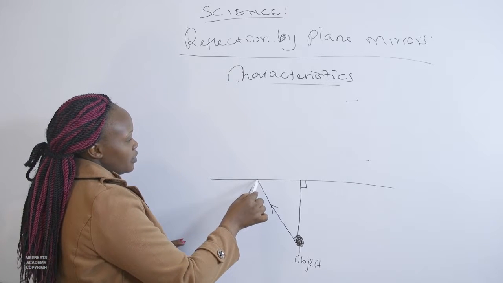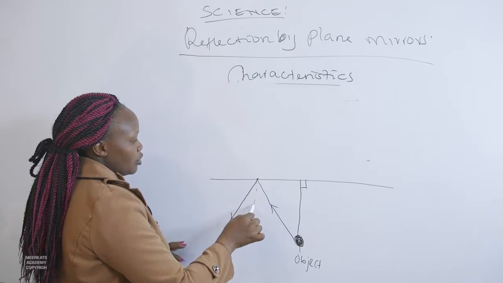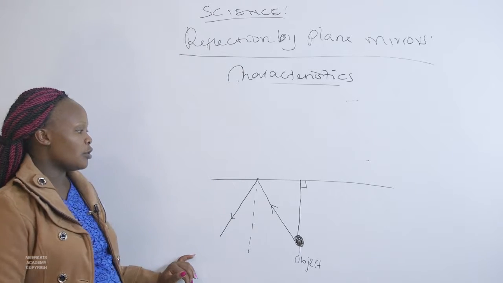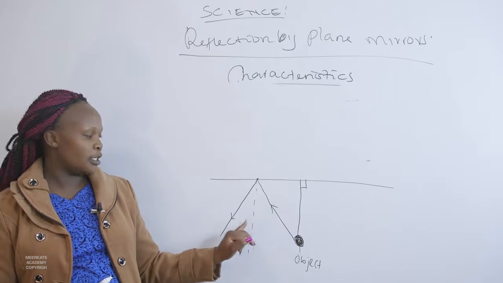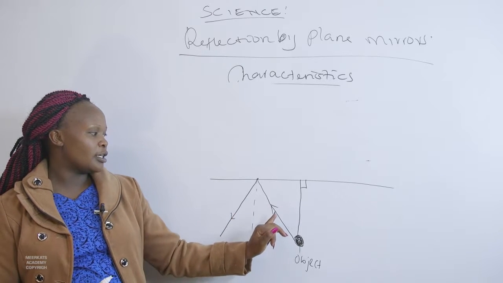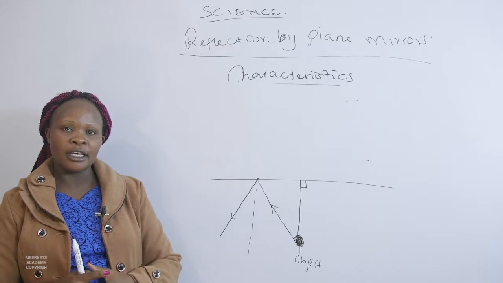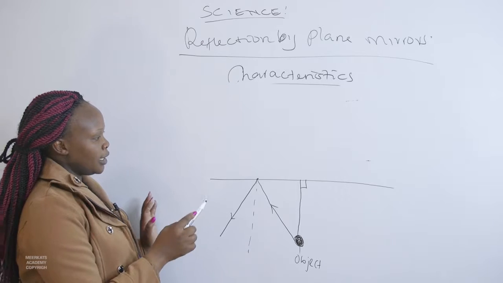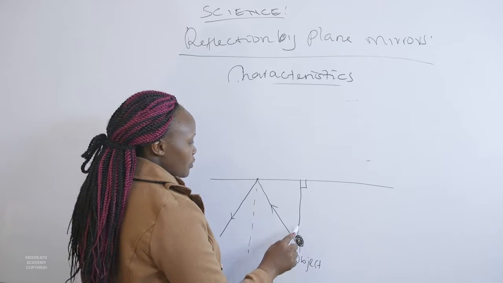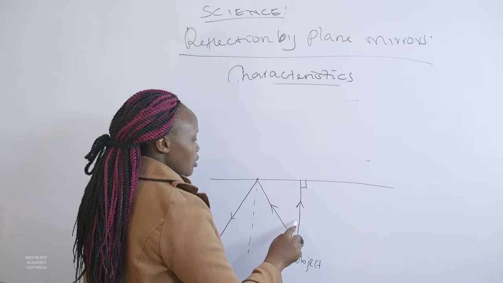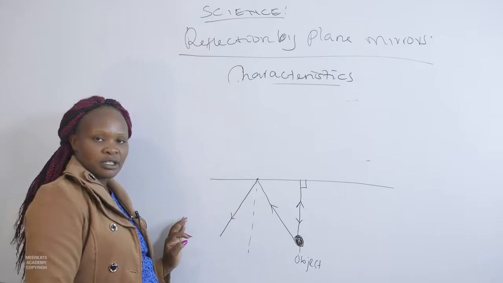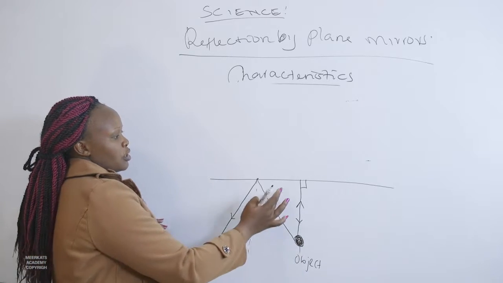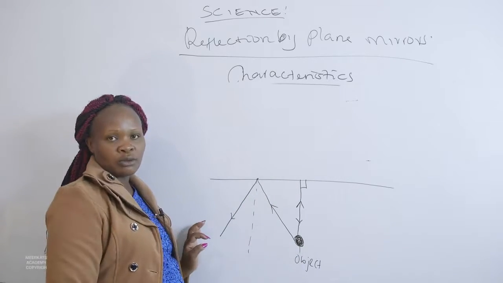Then we have another normal here, because we said the reflected ray, the normal, and the incident ray should always lie on the same plane. So this one is going to be reflected through the same path because the angles have to be equal.